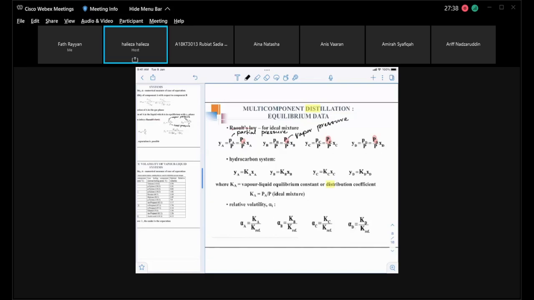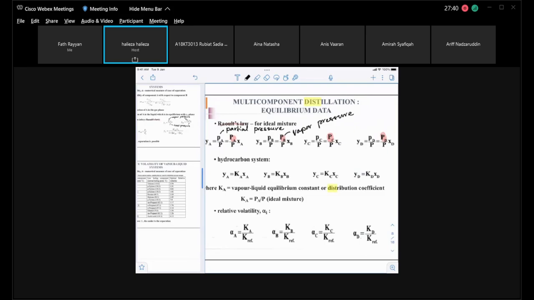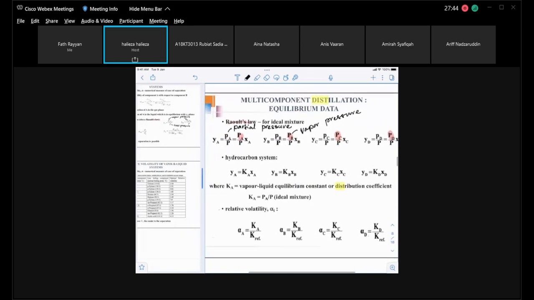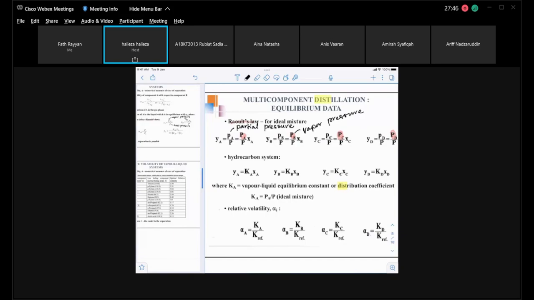So obviously the capital P without any subscript is the total pressure. So this is how you calculate the vapor liquid equilibrium for each component.